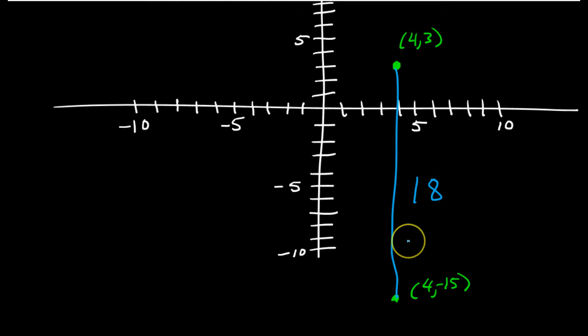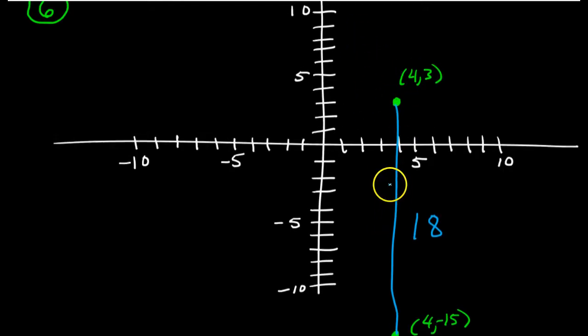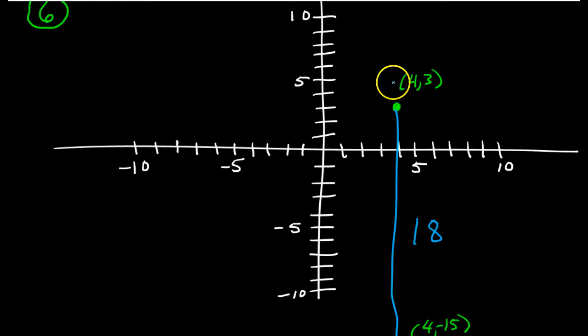So far we have 18. The total major axis is 24. So if I do an extra 3 on either end, that should be the vertices. So if I go 3 up from here, okay, that'll put me here at 4, 6.